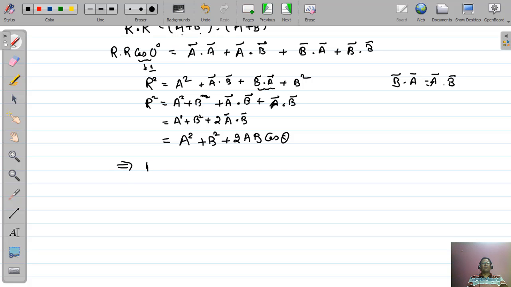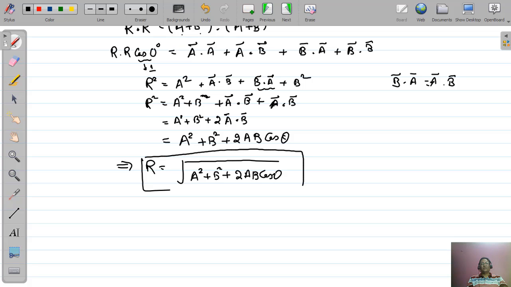This implies that r equals square root of a square plus b square plus 2ab cos theta, which is our desired result. Here it is again to be noted that when we take the square root we will get plus minus, but we are finding the magnitude, so the negative sign will be discarded. So this is our desired result, hence proved.